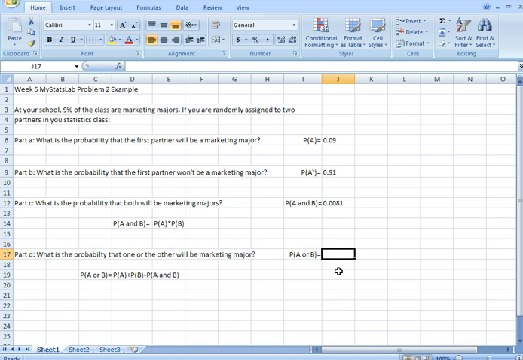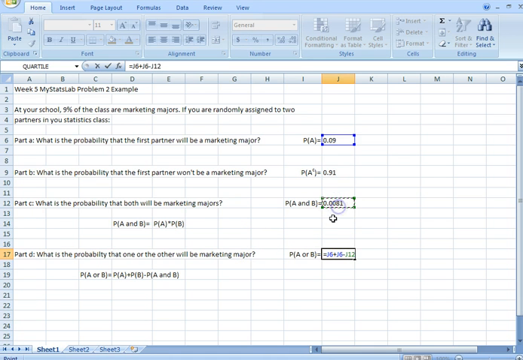So we're going to say equals probability of A, which is 0.09, plus the probability of B, which is also 0.09, minus the probability of A and B, which we've just calculated here.